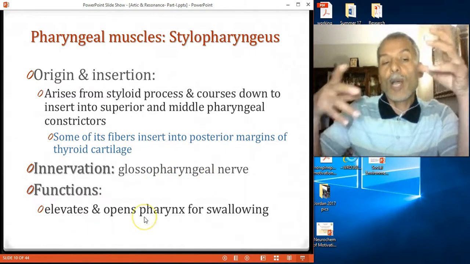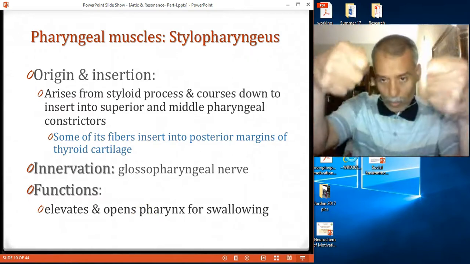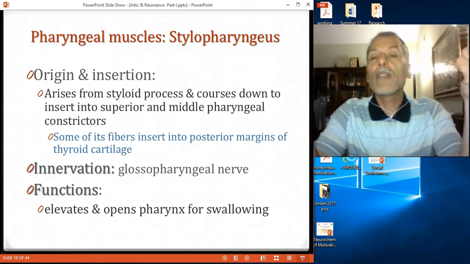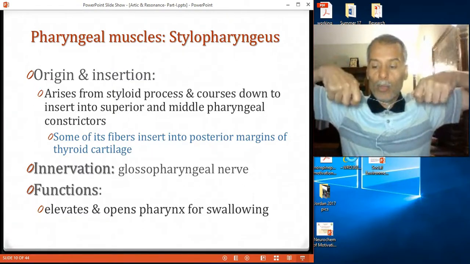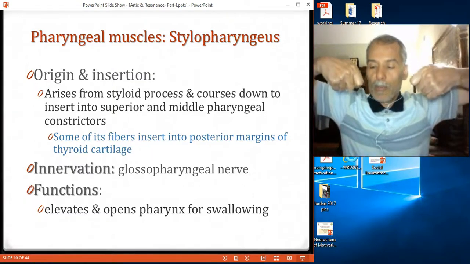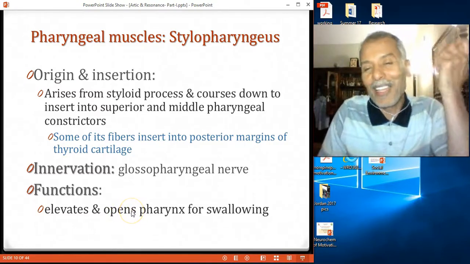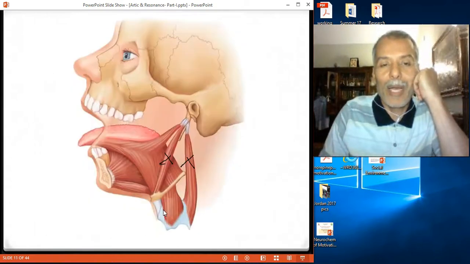The job of this muscle, when it contracts, is to lift up the pharynx. It opens the pharynx up and elevates it and dilates it for swallowing. There are two of them, two sides, and so they lift up and elevate. Elevate is lifting up. Lift up and dilate.